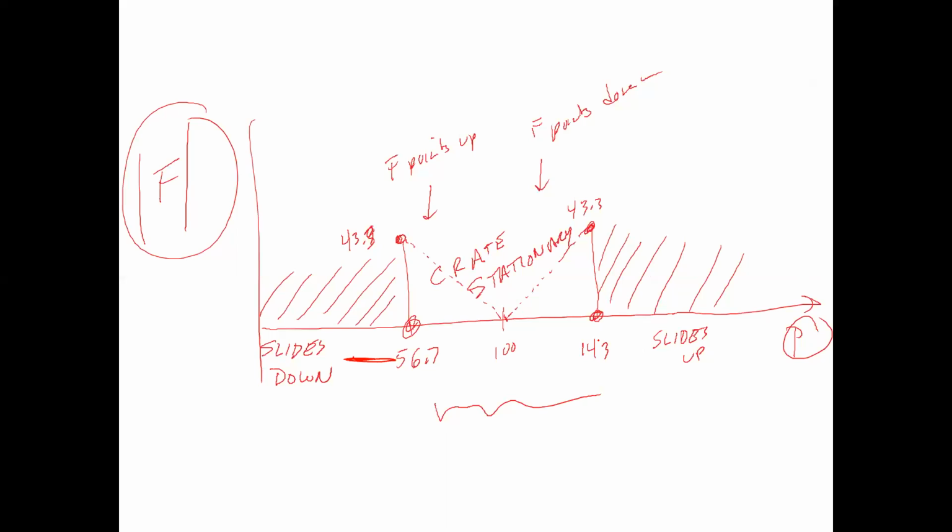It's staying still because you haven't overcome enough of the friction force to make it go uphill, and it's not small enough to make it slide downhill, so it's actually stationary right in here. Until you get to 143, then it actually slides up, right? You can run that through your head and see that it makes perfect sense. Next time you're trying to keep some big sack of potatoes from sliding off your ramp or something, you can think about that.